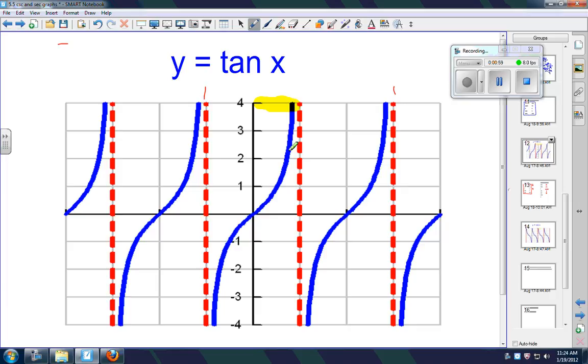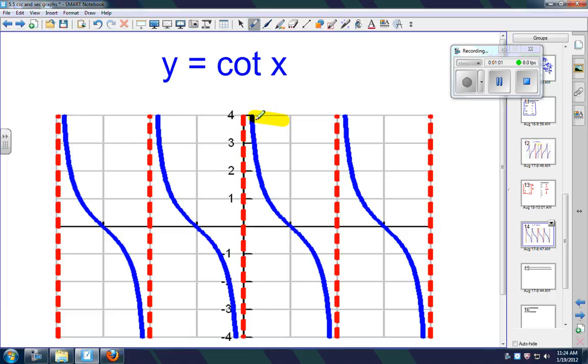But when a tangent's growing, cotangent is decaying because we're basically just doing the reciprocal. So it used to be a smaller value. We reciprocal it, it now becomes a bigger value. It used to be a bigger value. We reciprocal it, becomes a smaller value. So the asymptotes are just kind of shifted and they're off. They have the same shape, just a different direction.